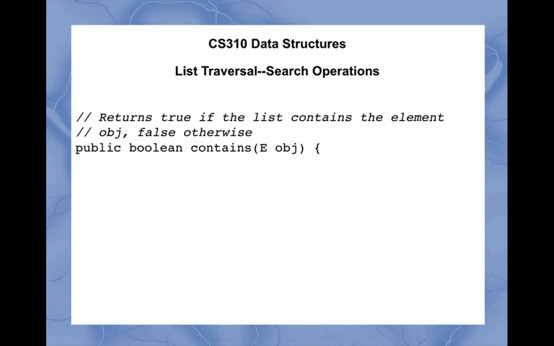So I want to take a look at some different operations here. The first one I want to look at is a traversal. What we want to do here is see whether or not the linked list contains the element, or whether or not the element is in the list. So this is a basic traversal operation.